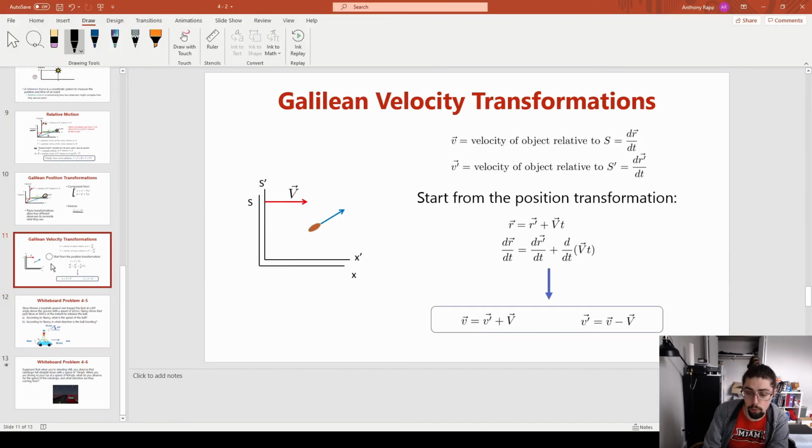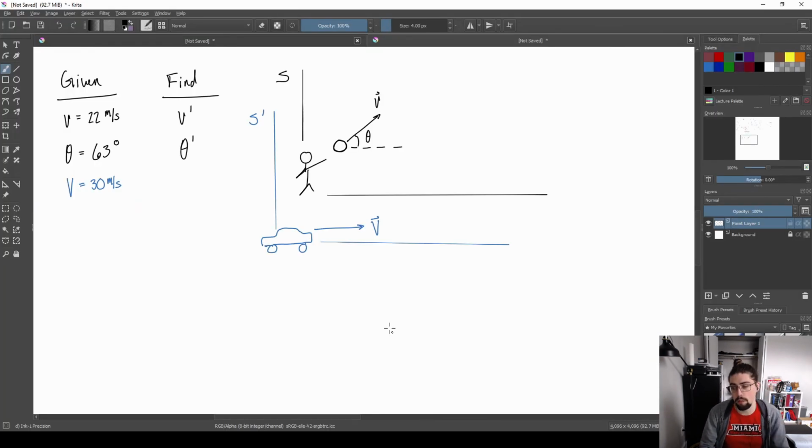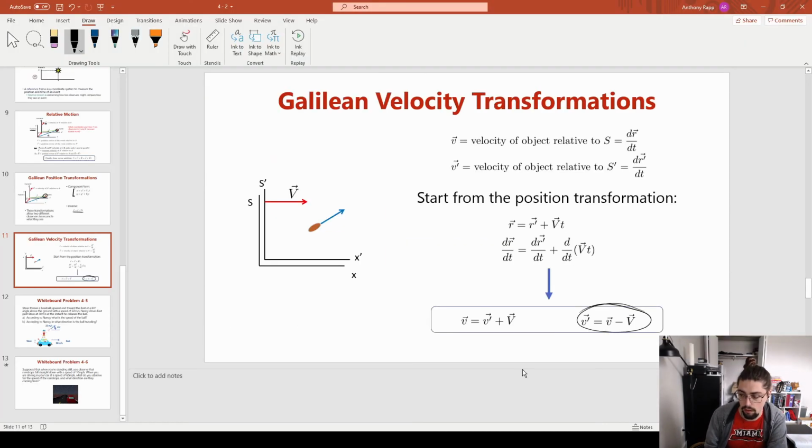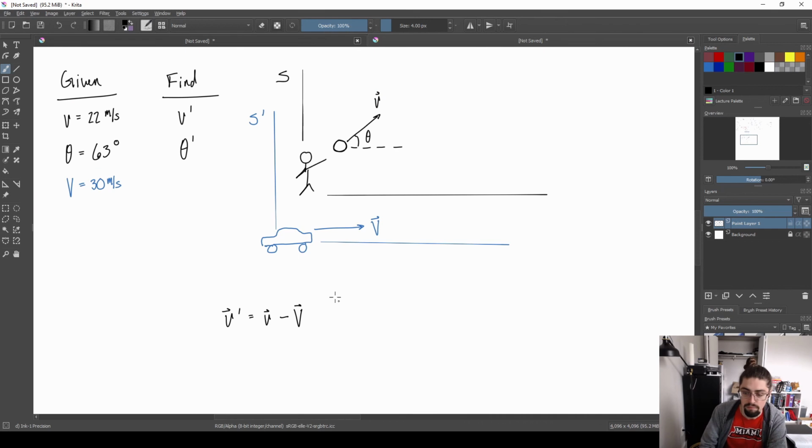So let's go back to our transformations. We say, okay, we are looking for V prime stuff, right? So that's the equation that we want to use. That is, V prime is equal to V minus capital V. And that's exactly what we've got right here.